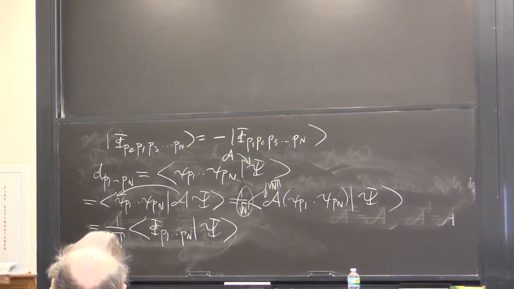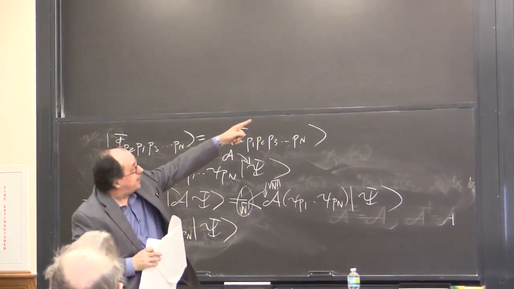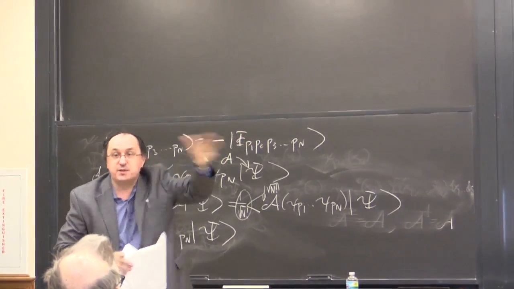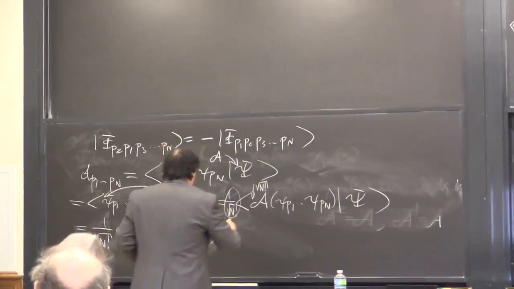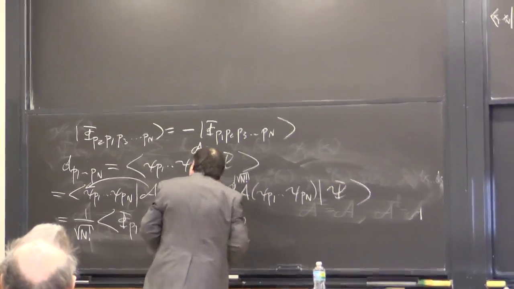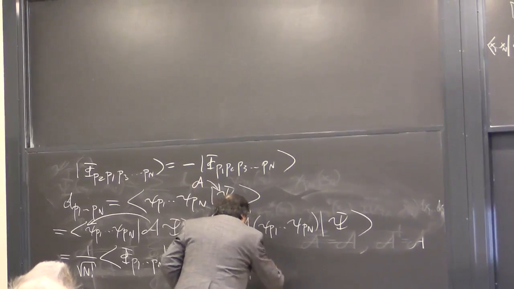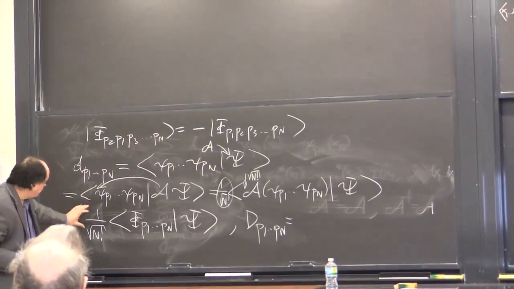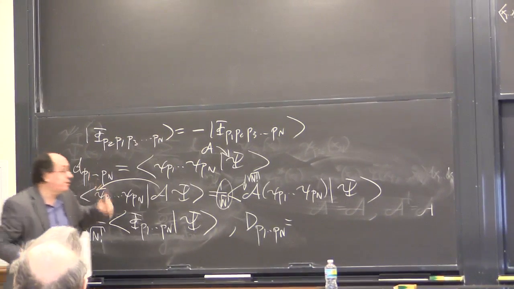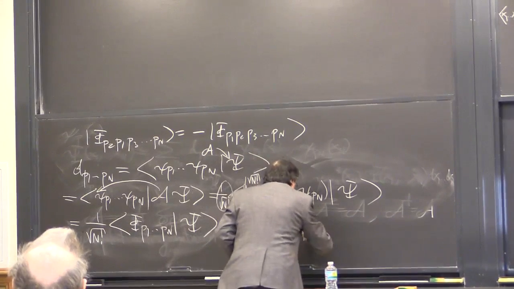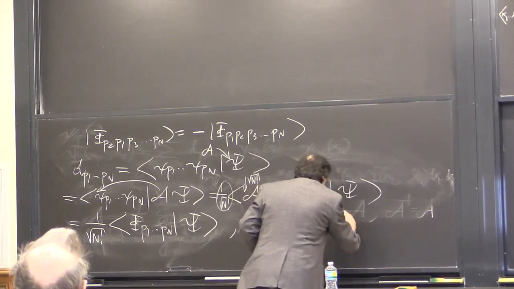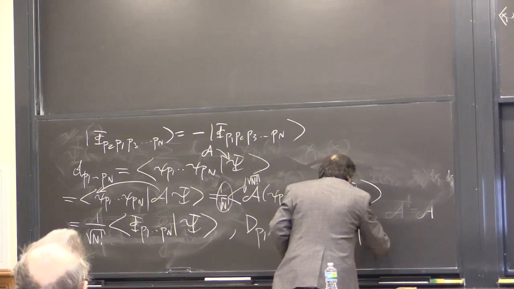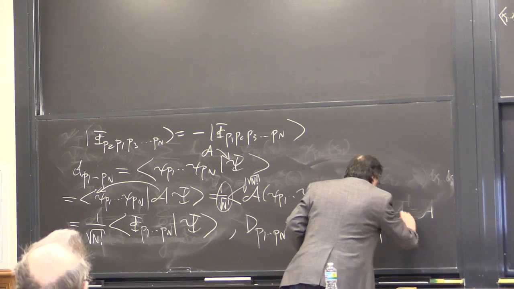Okay? And now if I want to see what our capital D coefficients are, those are the ones we'll eventually need. Well, you can see that you have to divide by 1 over the square root of n factorial one more time. So it's going to be 1 over n factorial altogether. And then we have an inner product of phi p1 through pn with psi.